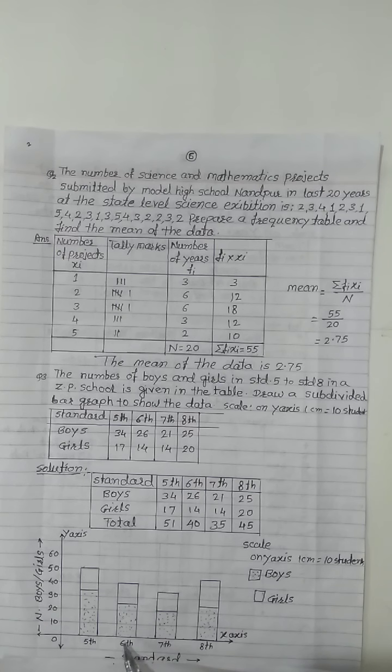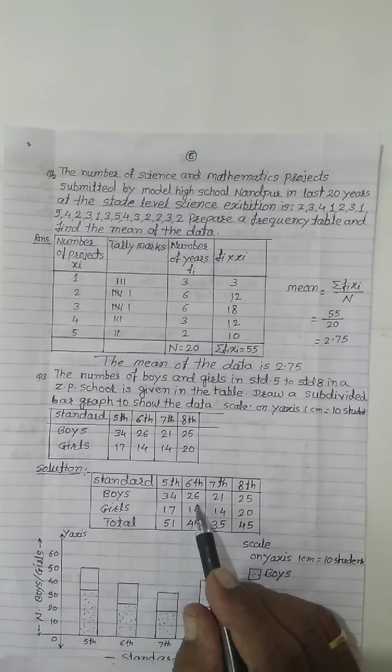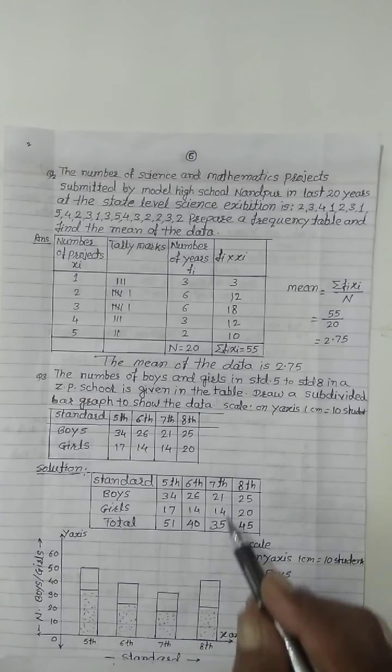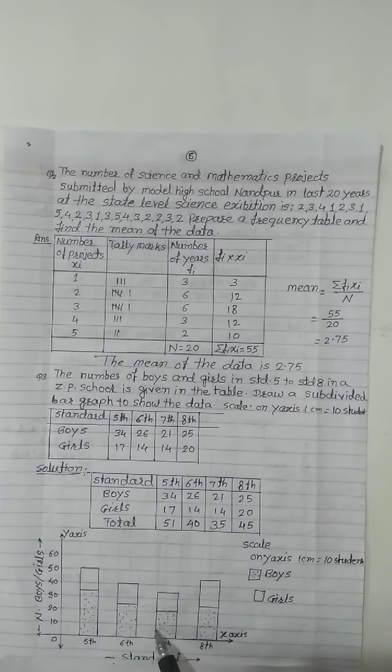Then in the second bar, see the boys 26. 10, 20, and after 20 we count 6 small lines. So that is 26, the boys. Then the third bar: the boys are 21, that is 10, 20, and after 20 we take 1 millimeter above 20 and shade it.